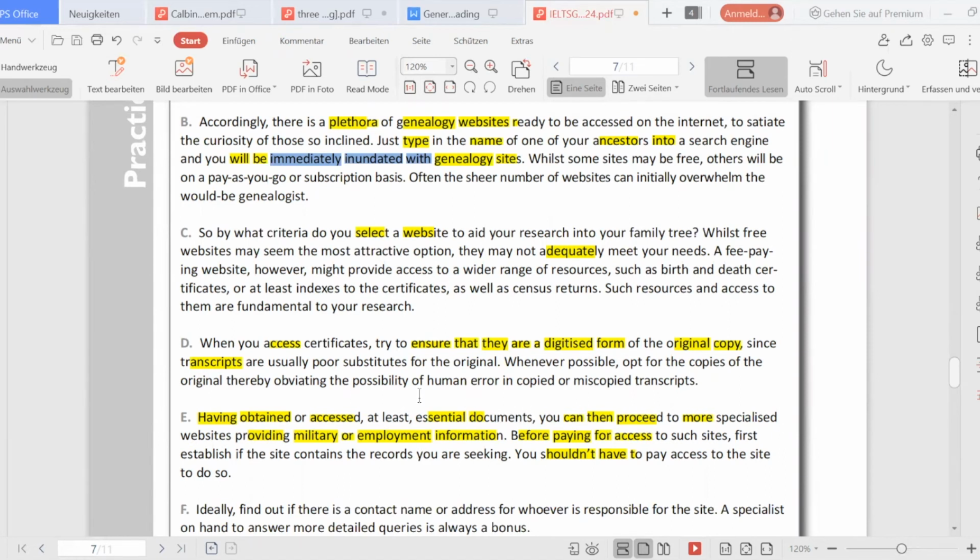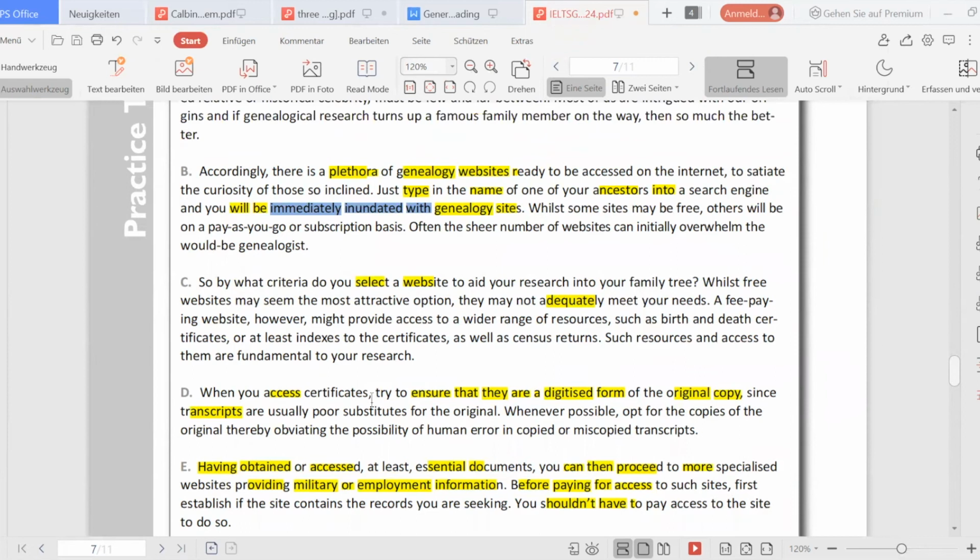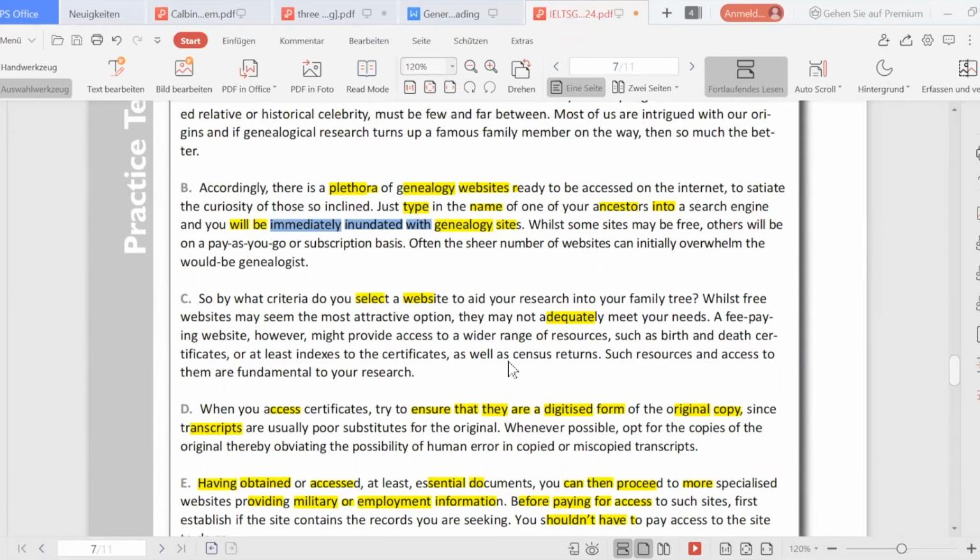So the first step has already been talked about in the previous sentences. In D, when you access certificates, try to ensure that they're digitized. Again, it means that whatever the first step is, has been mentioned before. So I'm actually finding, where was my keyword?